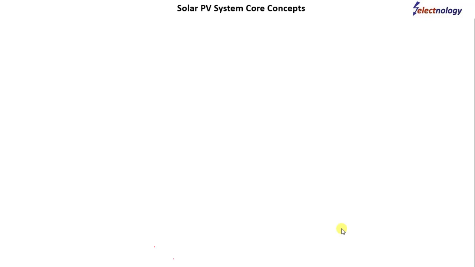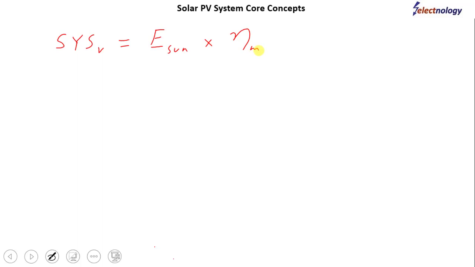So this formula is: system rating, meaning how many kilowatts of system we need, shall be equal to sun energy into efficiency of one PV module into total area. Now the total area refers to the area of all the PV modules.